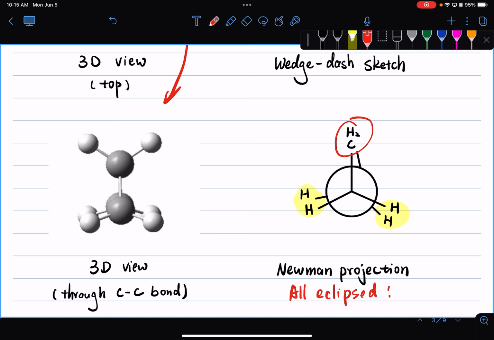But torsional strain, or somebody also calls it steric repulsion, might not be only with respect to single bonds. Okay? And just to keep in mind, in this case, our cyclopropane is by default a planar molecule. Right? It is 100% planar, and in this planar molecule, your hydrogen atoms will always be eclipsing each other.